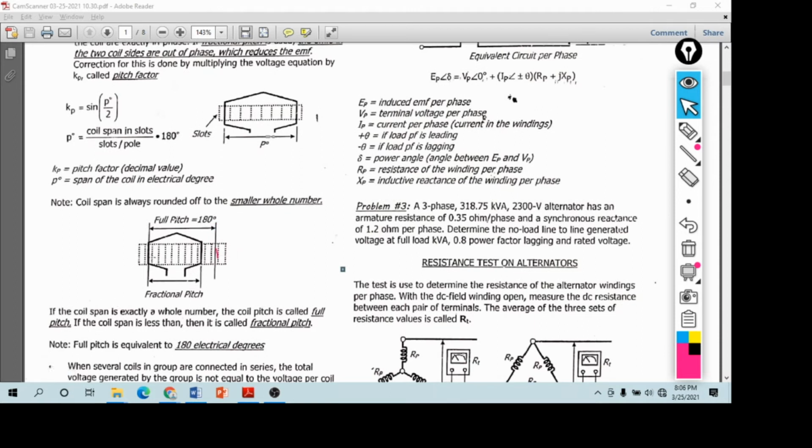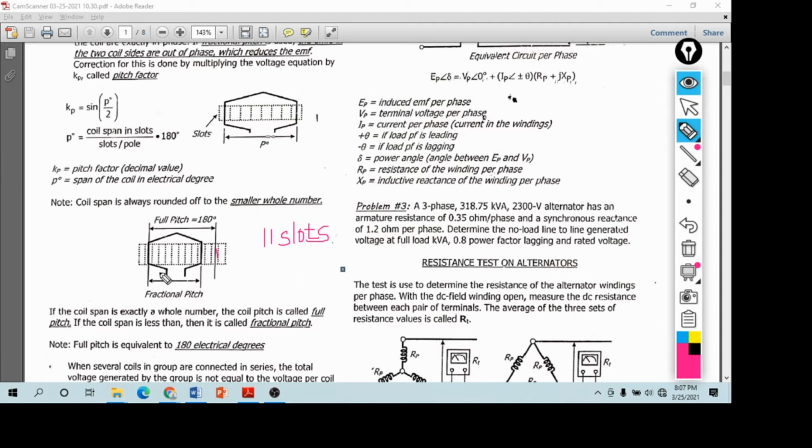So let's count this one. How many slots are there in the span of the coil? 1, 2, 3, 4, 5, 6, 7, 8. So 8. But how many slots are there in total? 1, 2, 3, 4, 5, 6, 7, 8, 9, 10, 11. So we have 11 slots to make it full pitch.